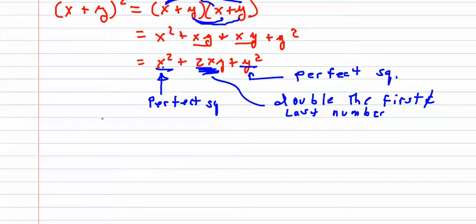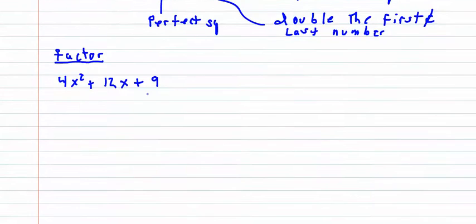For instance, factor 4x squared plus 12x plus 9. Now, you look at this and you say, perfect square, that's 2x.